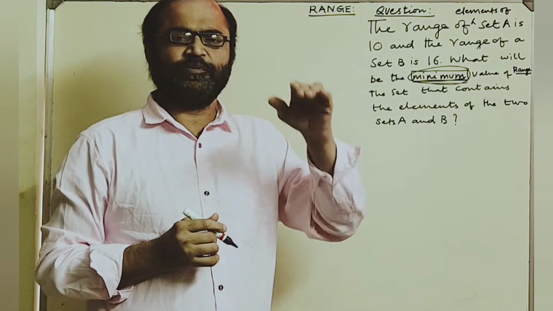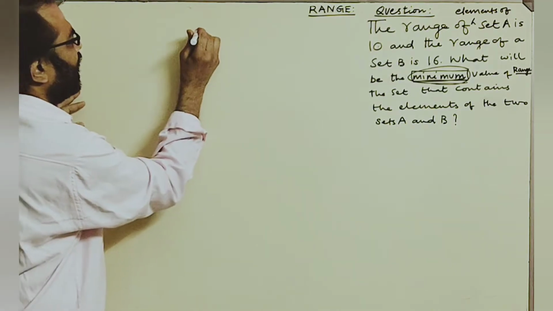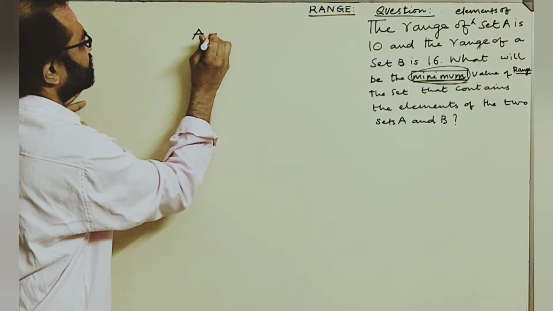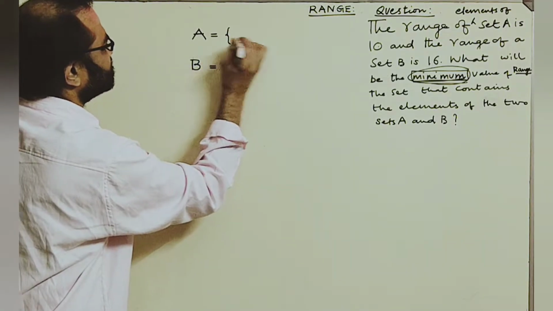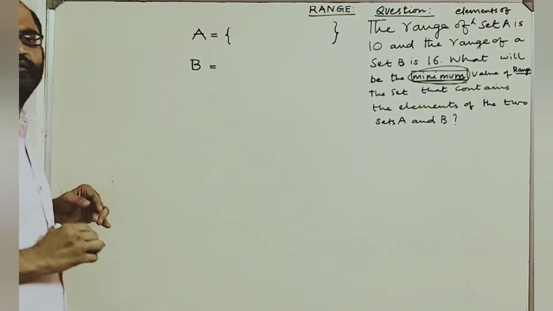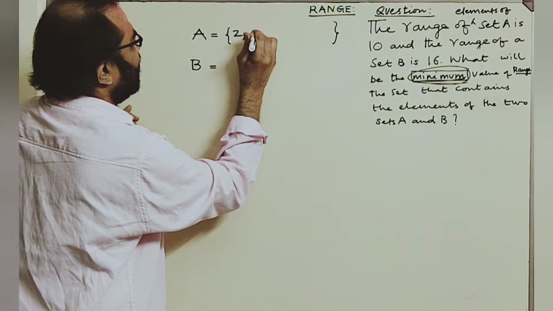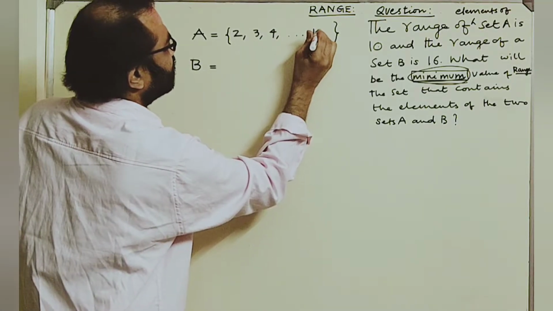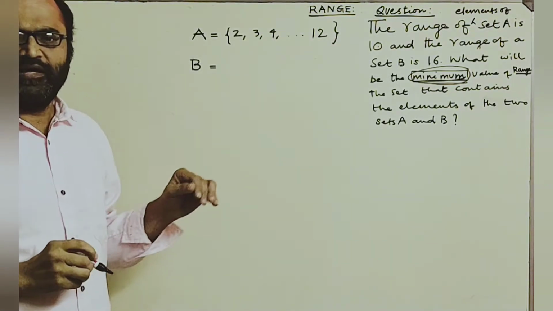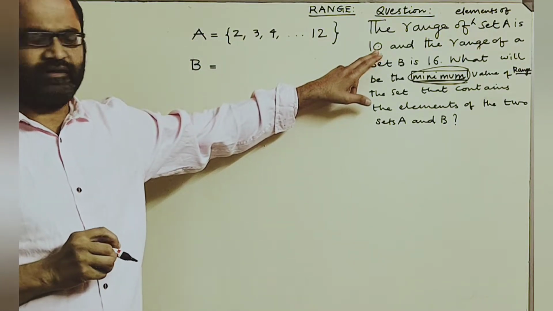Okay, let us proceed further exactly with the question. I am writing here two sets A and B with some elements. Let me write elements in set A as 2, 3, 4 and so on up to 12. Why 12? Because the range of the set A is given to be 10.